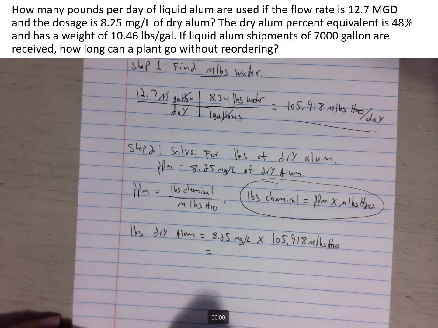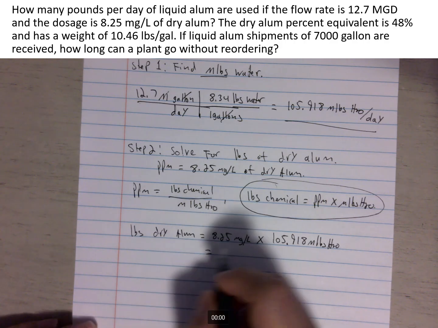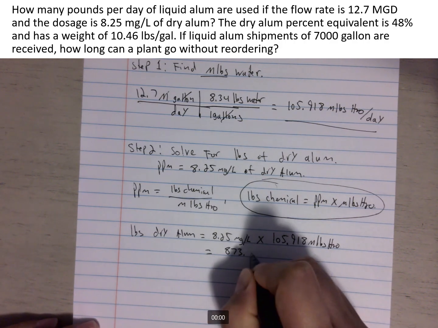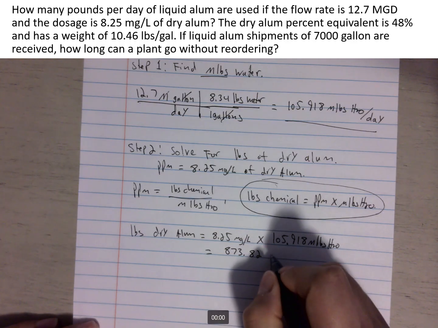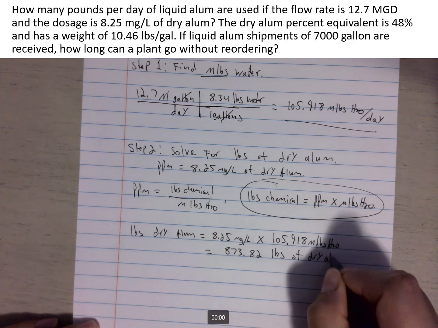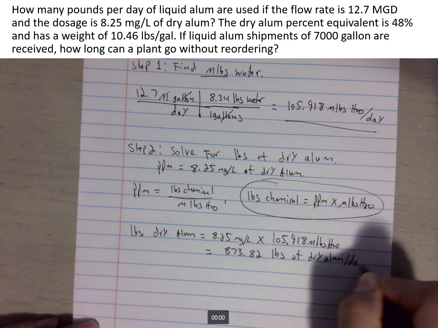We go through and multiply this out, and we get 873.82, and that's pounds of dry alum per day.